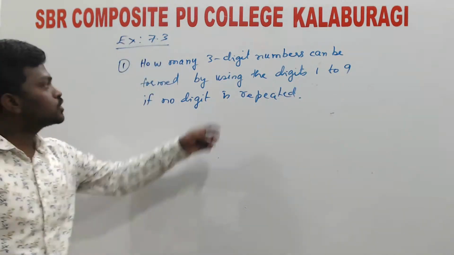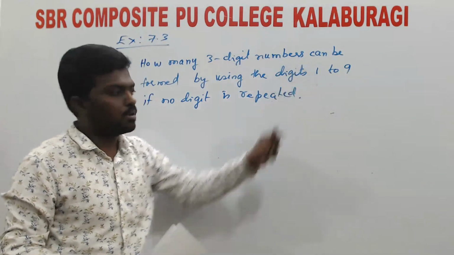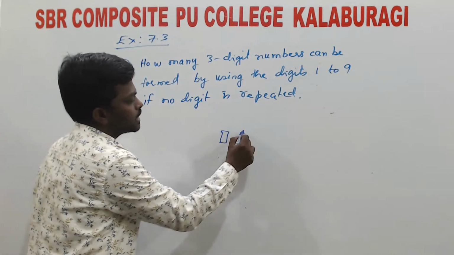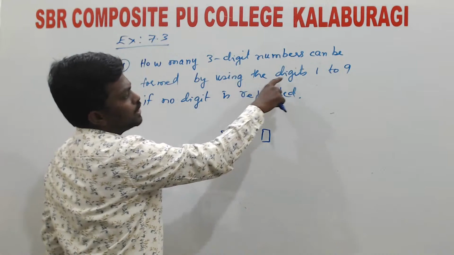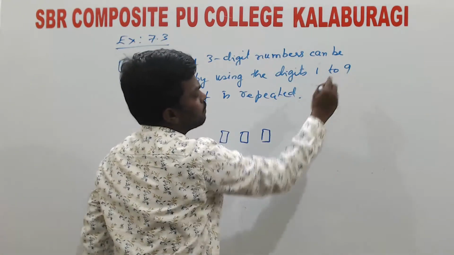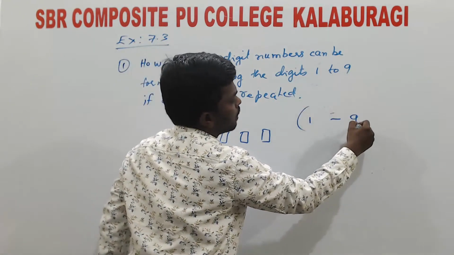So they are asking us to form a 3-digit number formed by using the digits from 1 to 9.